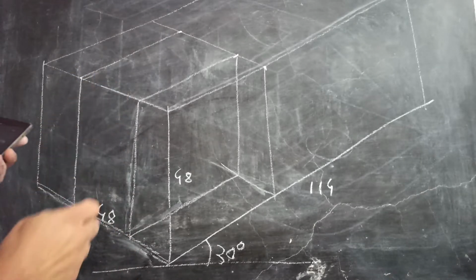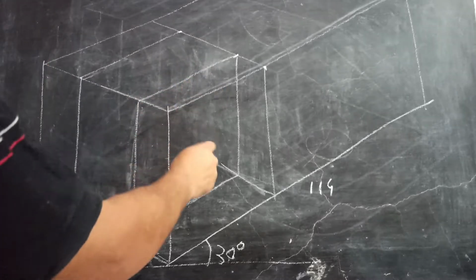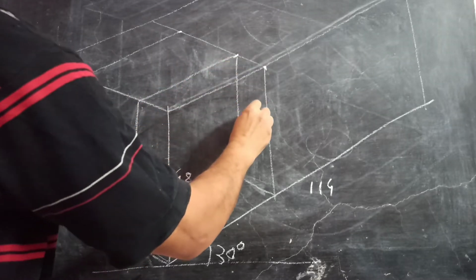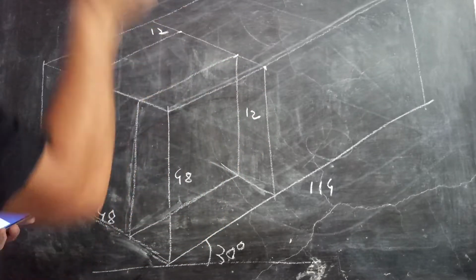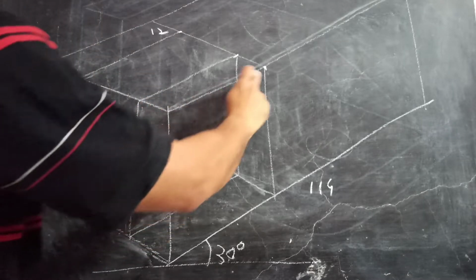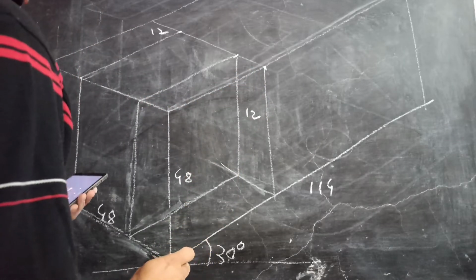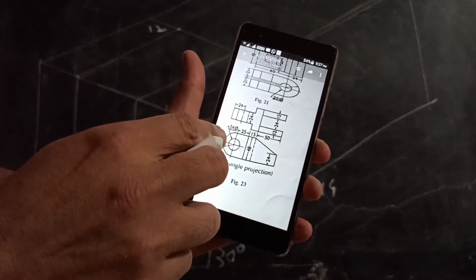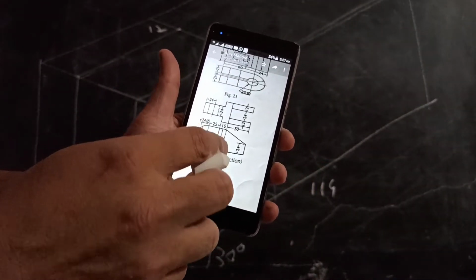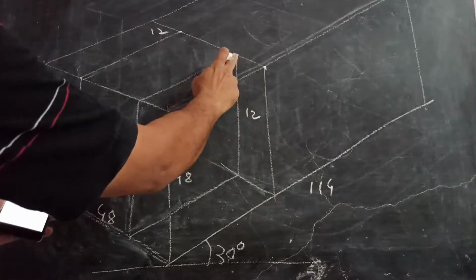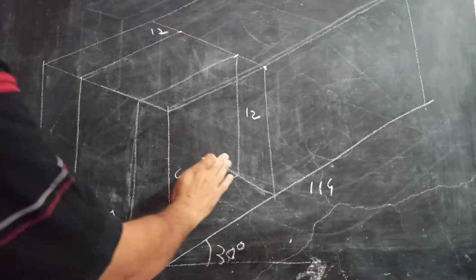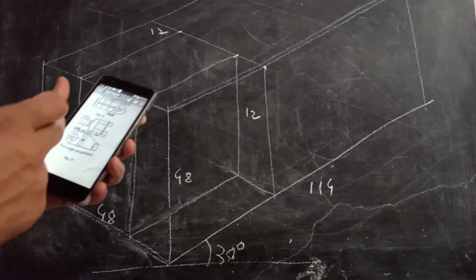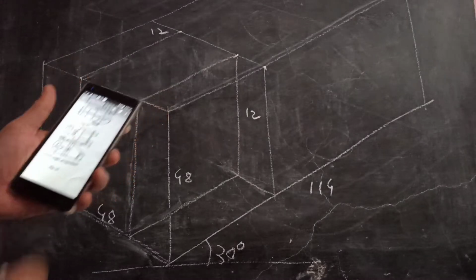So this part is here. This is 12. This is also 12. This is 49. Why? Because this is 25. This is 24. So it is 49. And from both sides it is 12. So this is the rhombus in which you can find this as circular part.